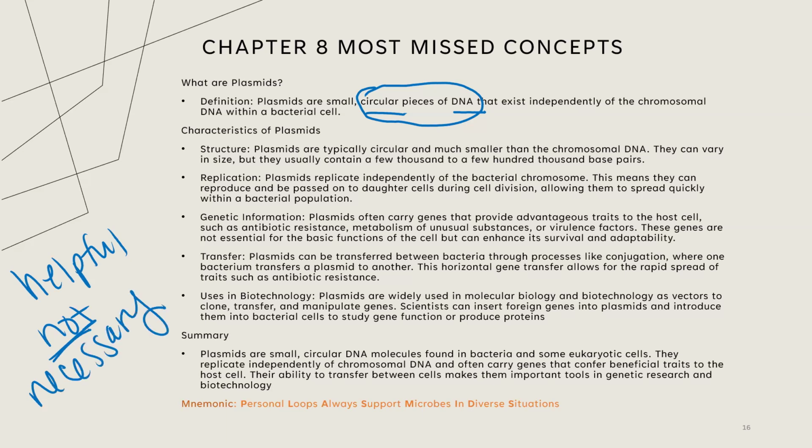And they can switch them between cells via conjugation, the sex pili, which we learned about. That's little channels between the cells. So that's conjugation. Or you can do, can't think of it, transformation, that's what it is.